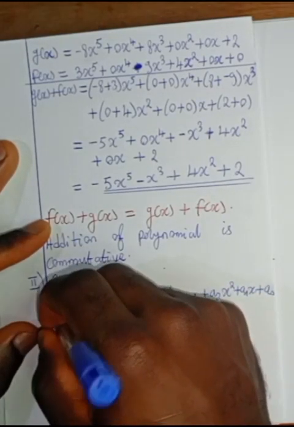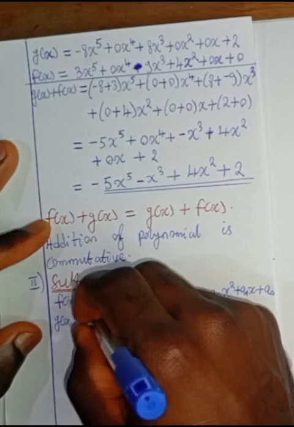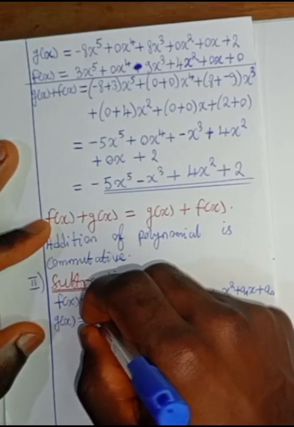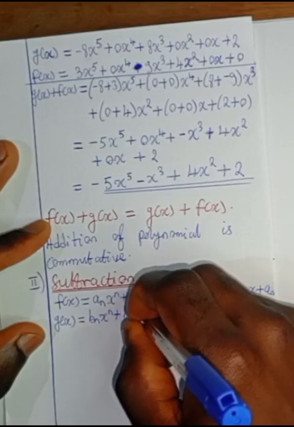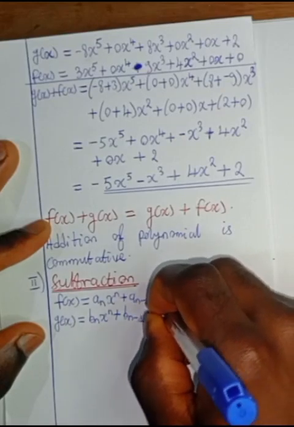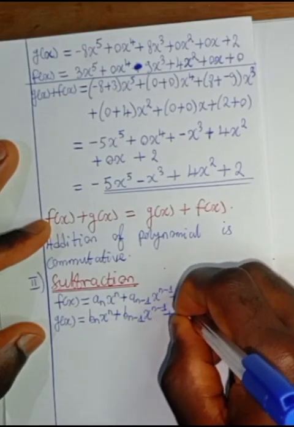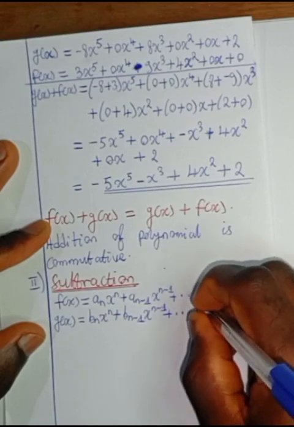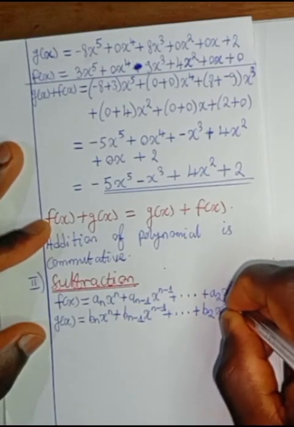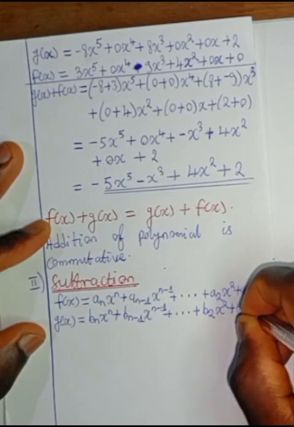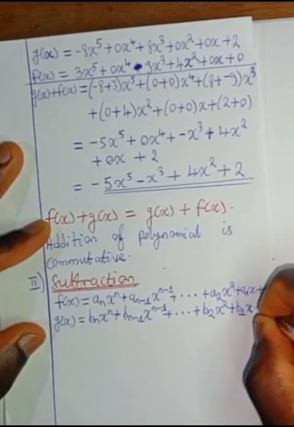We have our g of x, which is equal to b subscript n, x to the power n, plus b subscript n minus 1, x to the power n minus 1, plus 3 dots, plus b subscript 2, x to the power 2, plus b subscript 1, x plus b0.